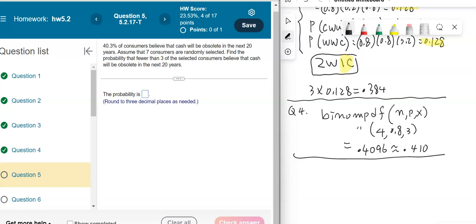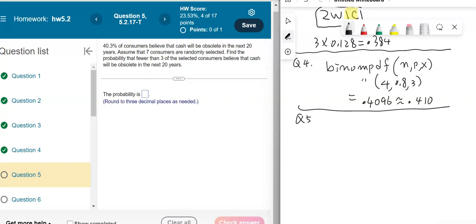Now, next one is question number 5. 7 consumers, find the probability of fewer than 3. So this is the probability of fewer than 3, which means probability of 0, probability of 1 plus probability of 2.